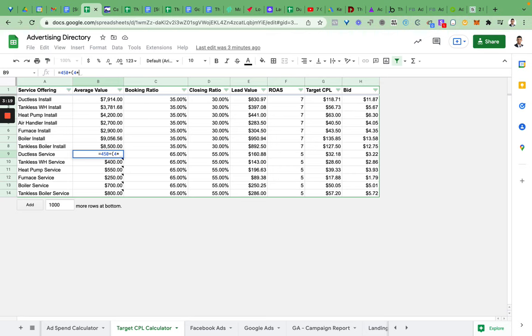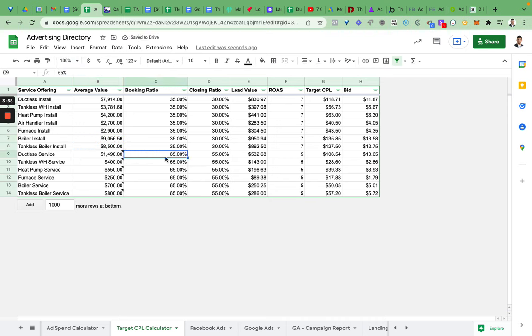Usually it's a 2-head system, so $100 plus $160 is $260. So 4 years at $260, the average value of a ductless service customer is about $1,500 for this contractor. So that's the average value of a customer for this contractor.